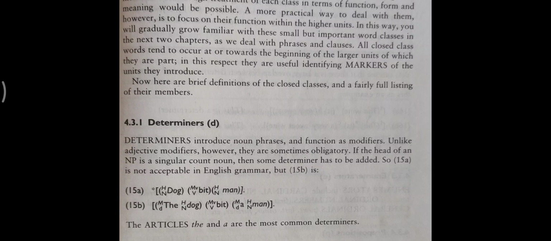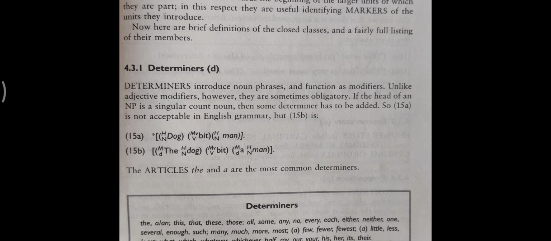So they are part of a larger unit, and that is why we call closed class words markers. So here we have a few things that we need to discuss.